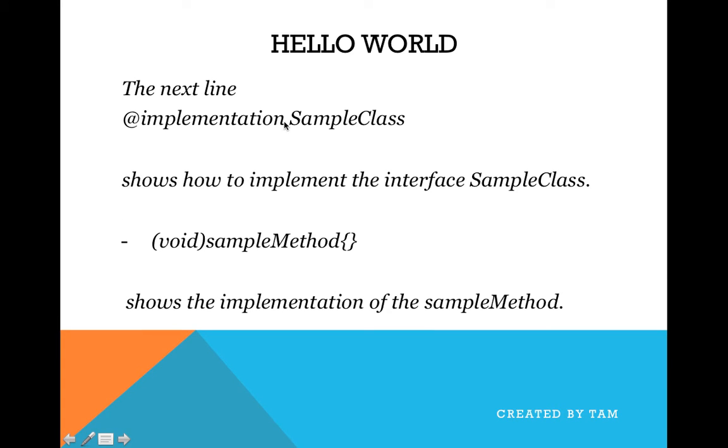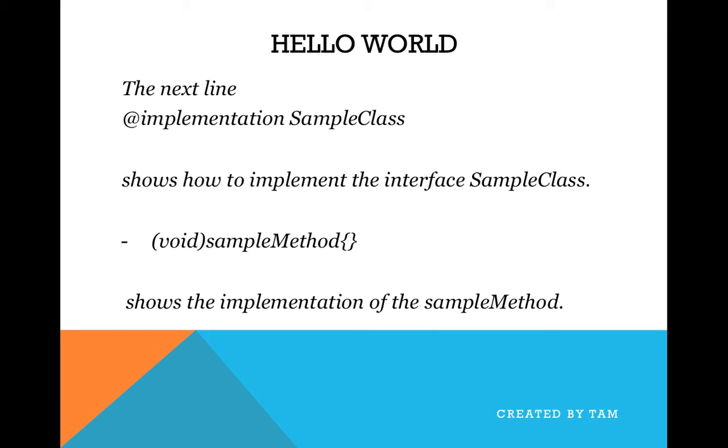Then @implementation SampleClass shows how to implement the interface SampleClass. So whatever methods we are going to implement should be below this line. So - (void)sampleMethod is the implementation of the sample method. Between this method, we will define what we like to do with this sample method.